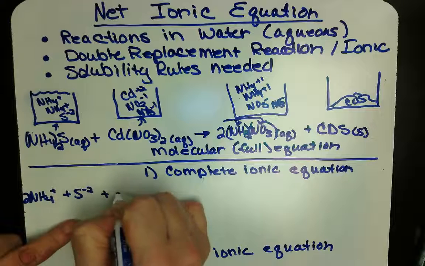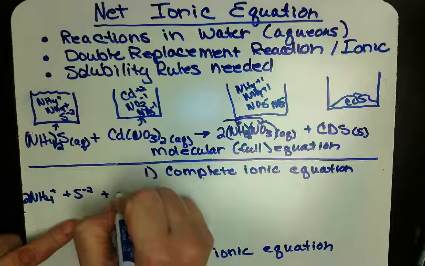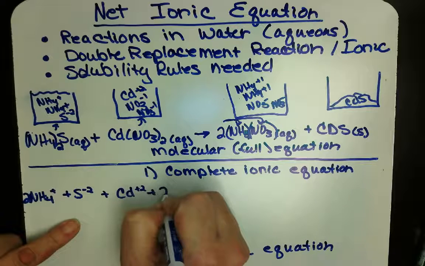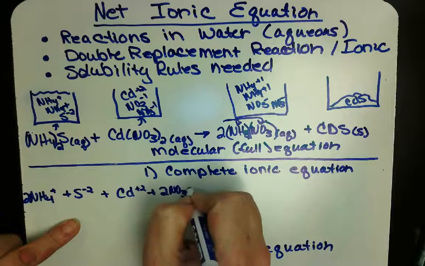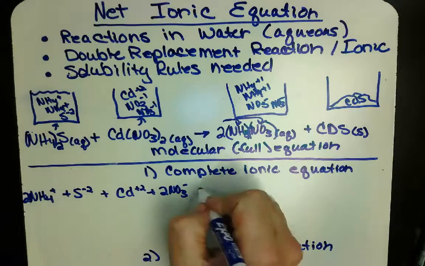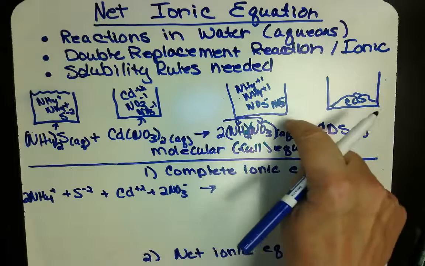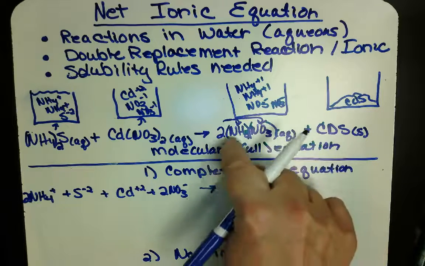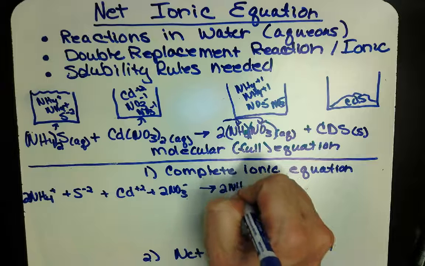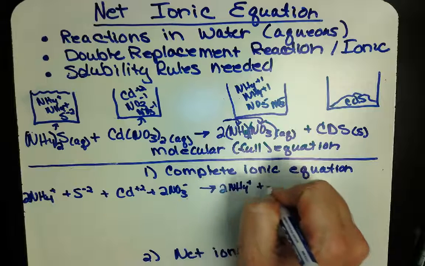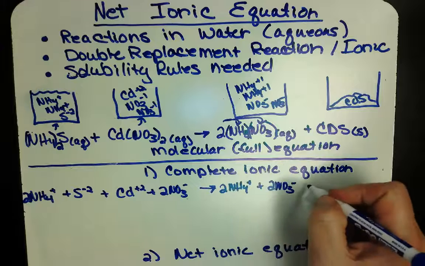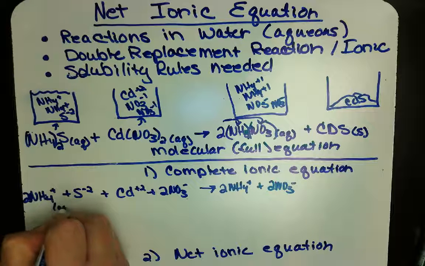And then our cadmium nitrate broke up into 1 cadmium ion plus 2 nitrate ions. And then we are going to make ammonium nitrate, and there's 2 of those, so they broke up into 2 ammoniums plus 2 nitrates. And these guys are all aqueous.